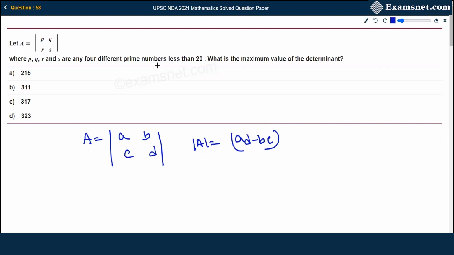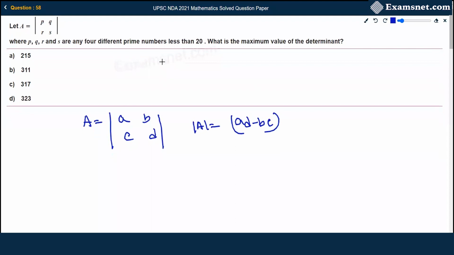And what is the definition of prime numbers? Prime numbers are those numbers which are divisible by 1 and the number itself. Remember, 1 is not a prime number. So which numbers are prime numbers that are less than 20?